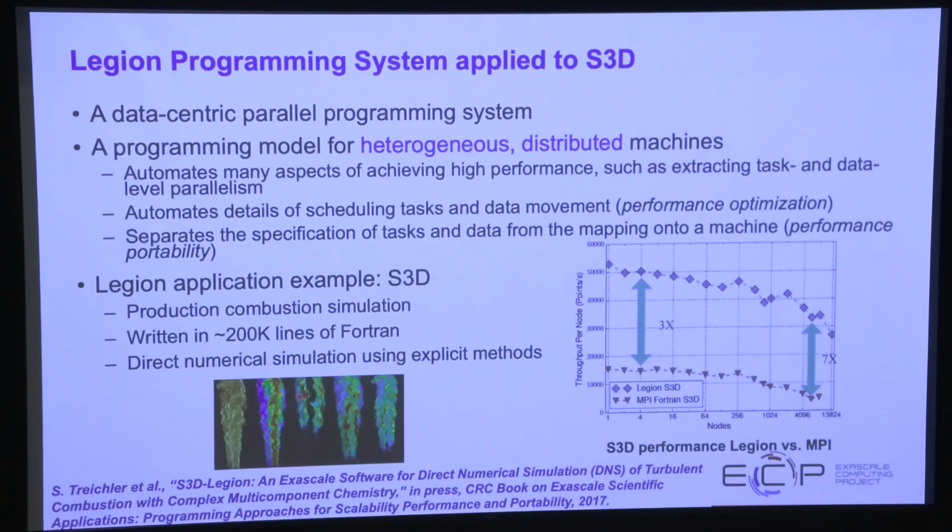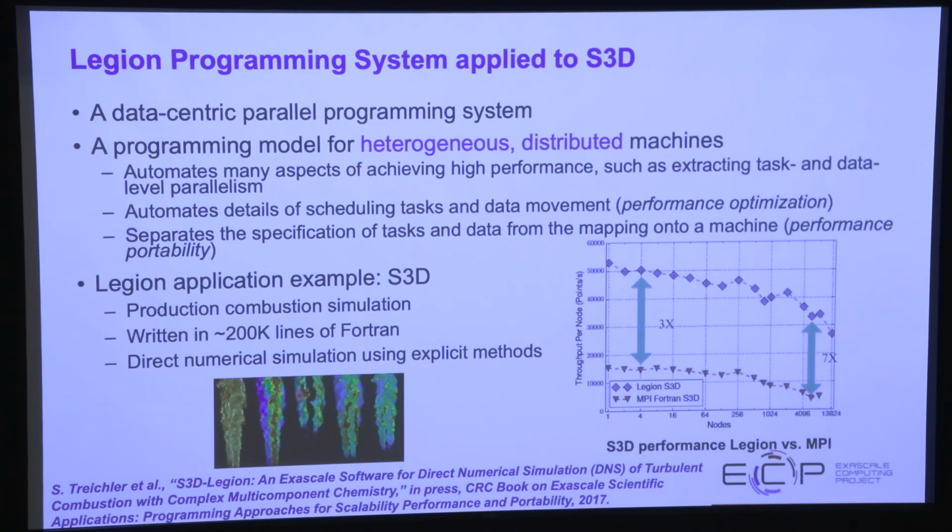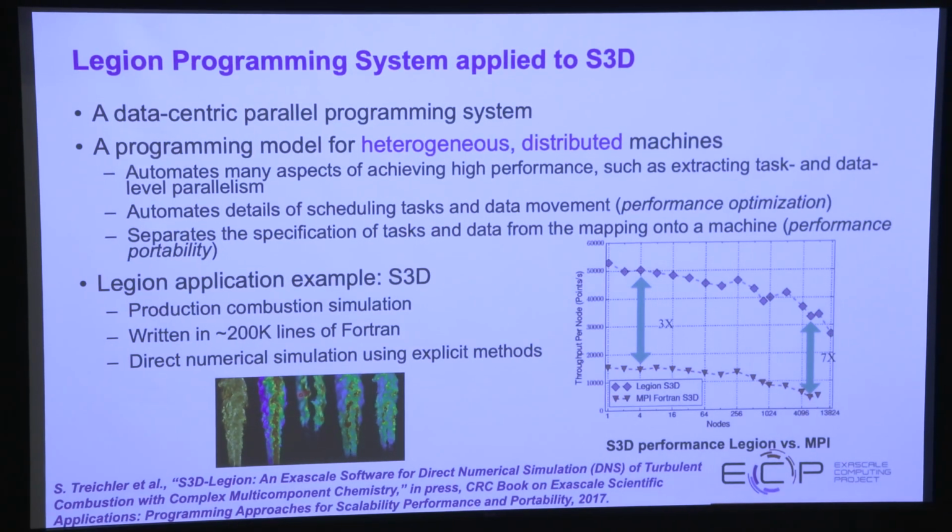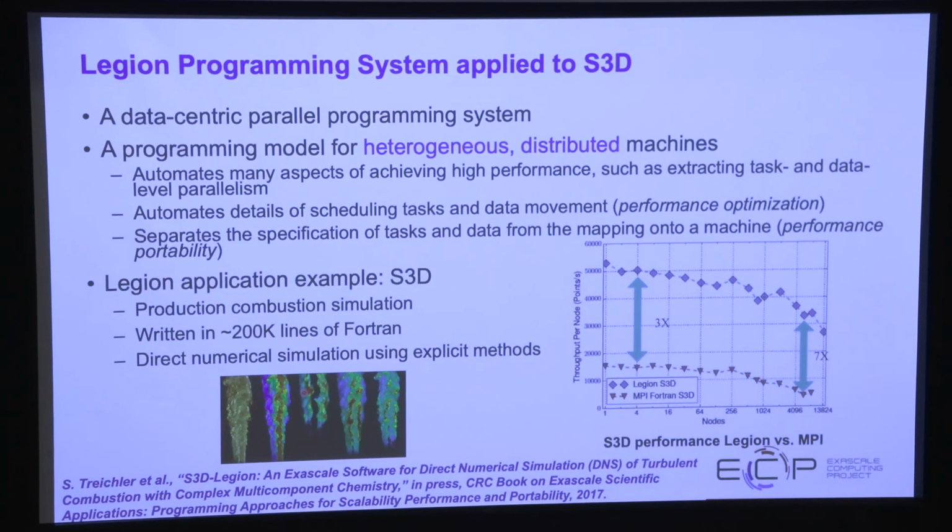So we wrote S3D in this Legion data-centric programming model, and it's a dynamic task-based model that automates a lot of the aspects of getting high performance, such as task and data level parallelism. It also does performance optimization by scheduling, automating where your tasks are computed and how data is moved around.